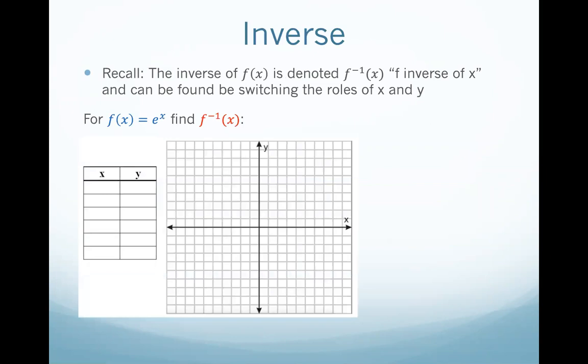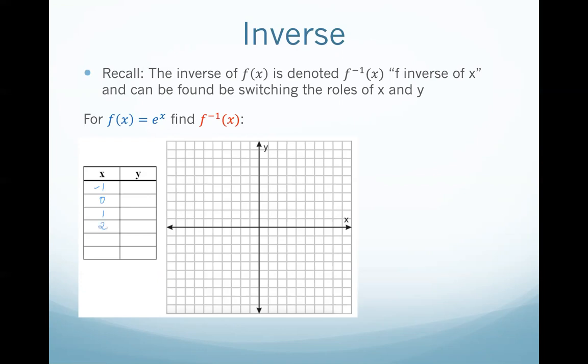So remember, we said e is a number. E is an irrational number similar to pi. So if I wanted to graph the function f of x equals e to the x, we're going to start by saying values of -1, 0, 1, 2.